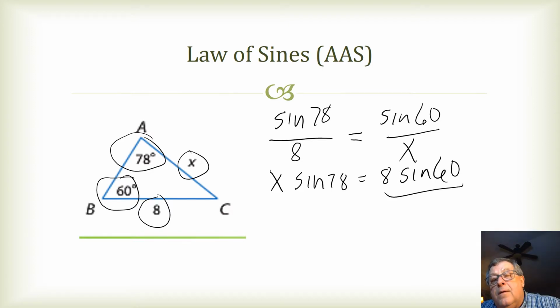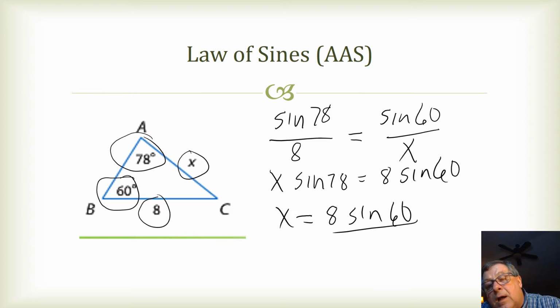And then if we divide both sides by the sine of 78, then X, the side measure we're trying to find, is going to be equal to 8 times the sine of 60 divided by the sine of 78.